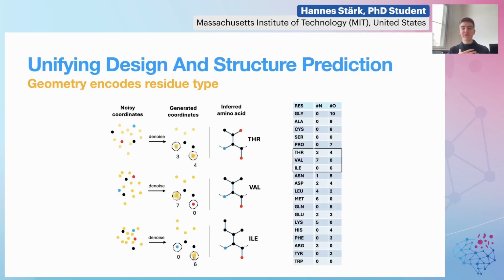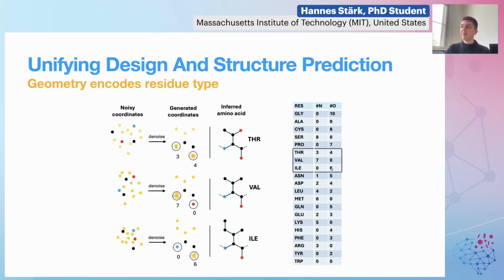Every designed residue has 14 atoms. It is just that now the isoleucine has an additional 6 virtual atoms that are placed at the same coordinate as the oxygen of the isoleucine. This means that at inference, the model starts out with 14 randomly placed coordinates. It denoises them to end up with this point cloud, where we look at the oxygen and see that there are 6 additional atoms very close by to it.